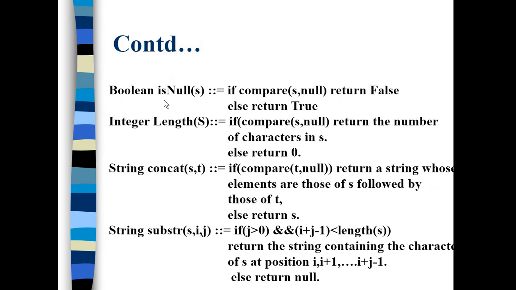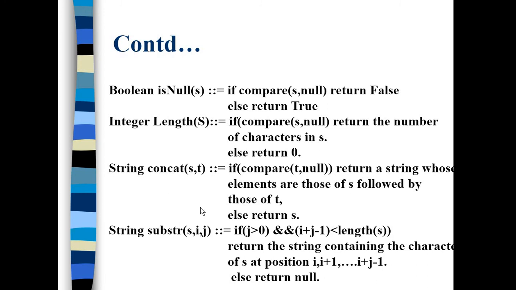I told about the isNull function: you pass the string, it will return true if it is null, otherwise it will return false. If you want to get the length, you can write the length function. So if I have a string where RIT is stored, and I give length of college name, it will return 3.